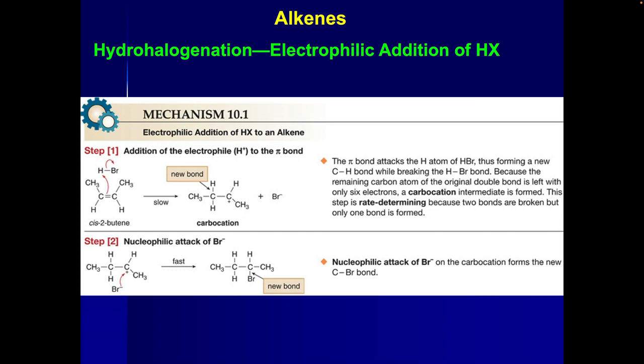And so what I get is this. Where this hydrogen, let me just put a star on it, is this hydrogen. Just so you can see where it went. Okay? So that pi bond has formed a sigma bond with hydrogen and given me this carbon.